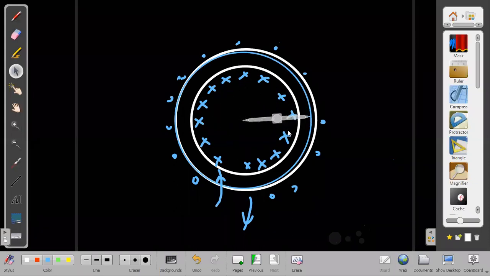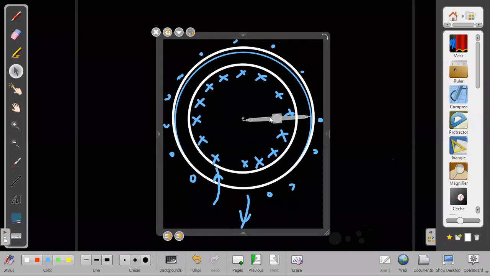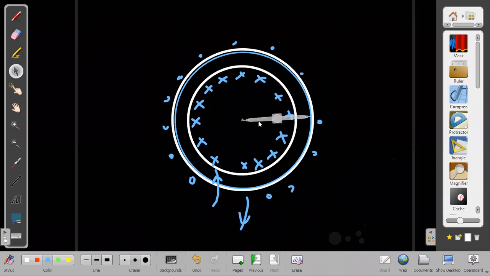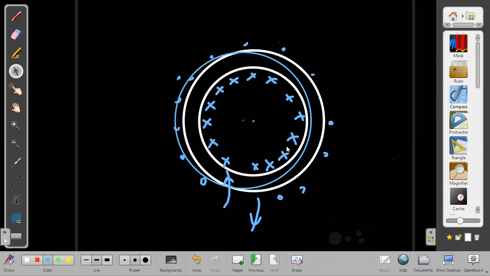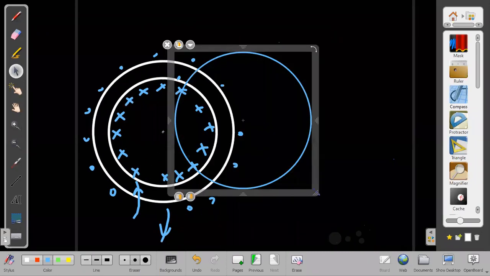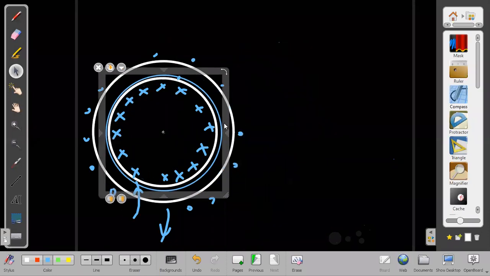This is the field line. This blue loop is representing the field line.